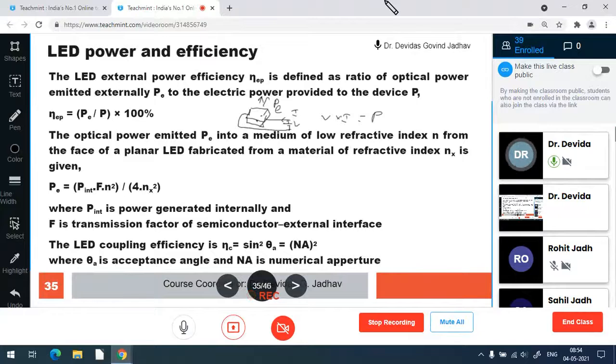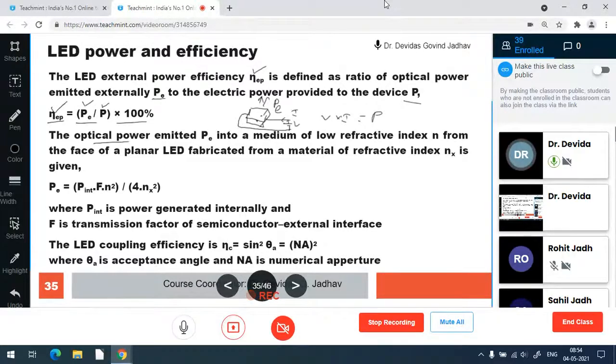The external power efficiency, eta EP, is defined as the ratio of the optical power emitted externally, P e, to the electric power provided to the device, P. So eta EP is equal to P e upon P into 100. External power efficiency is the ratio of emitted photon power divided by electrical power.